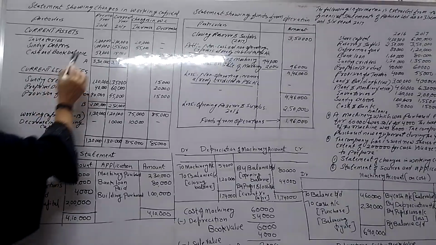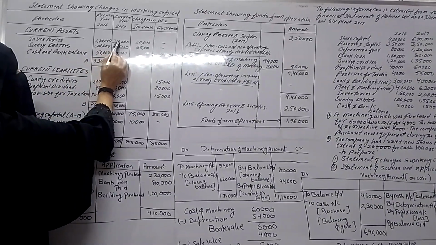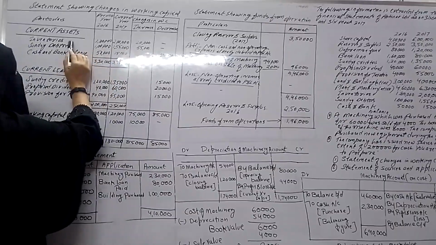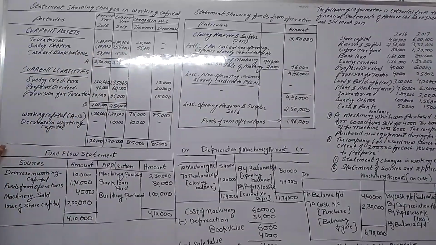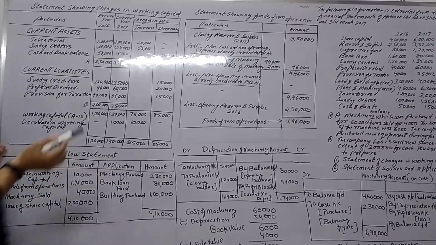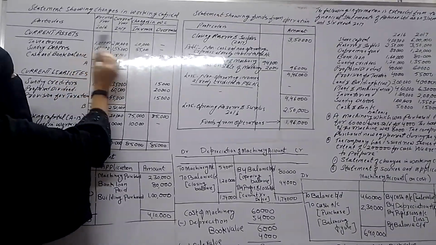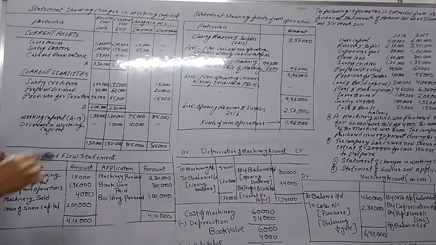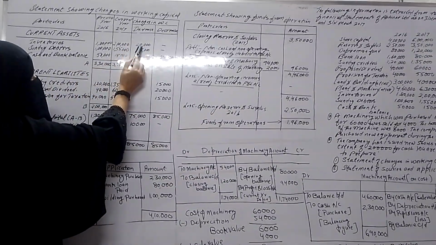How much increase? Take the difference. 2 lakh minus 1,80,000, difference is 20,000. Our inventory is increased because last year it was 1,80,000 and in the current year it is 2 lakh. So the change in inventory is 20,000 and that change is an increase. So write the change in the increase column.